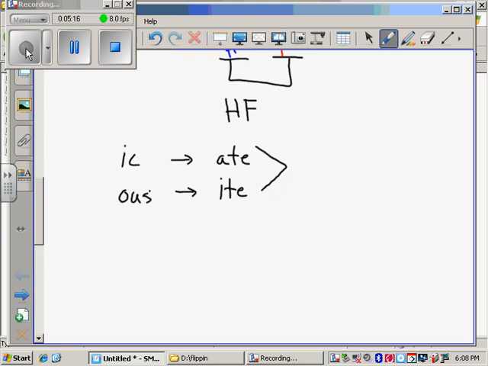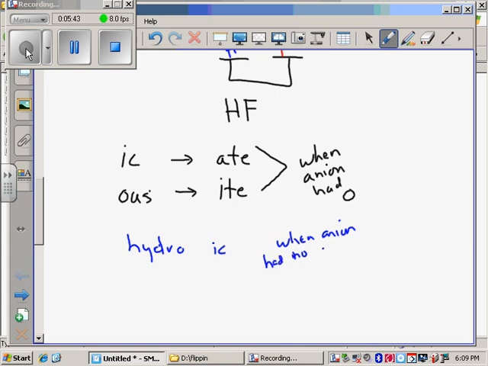These again are only for when the anion had an oxygen in it. Otherwise, you had a prefix of hydro and the ending was ic, and that was when the anion had no oxygen. That's as simple as it is.